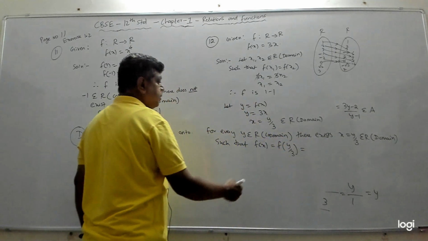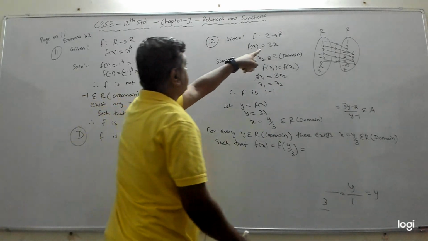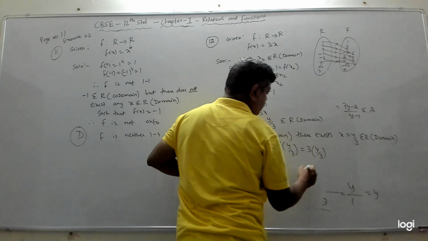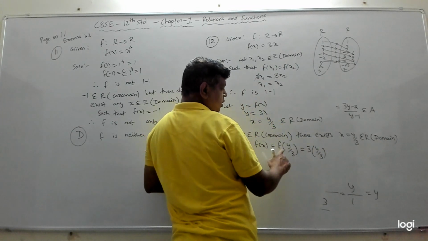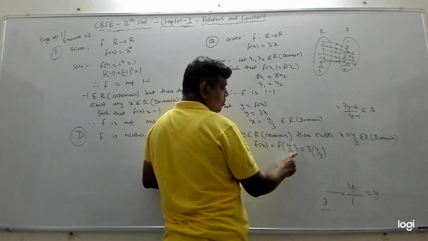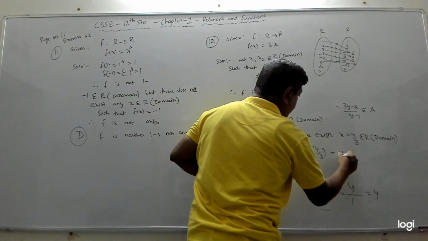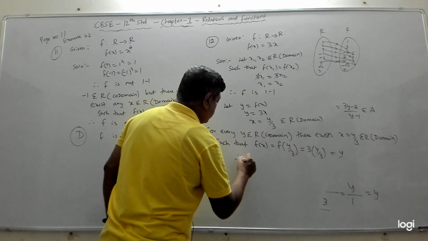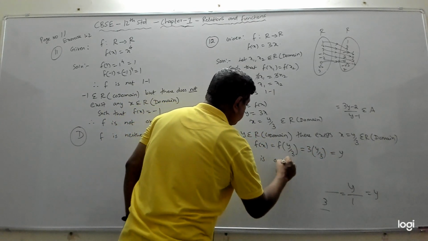And what is f of y by 3? f of x is 3x means f of y by 3 will be 3 into y by 3. So 3 will get cancelled, we'll get y. So f of x is equal to y. We have proved. Therefore, f is onto.